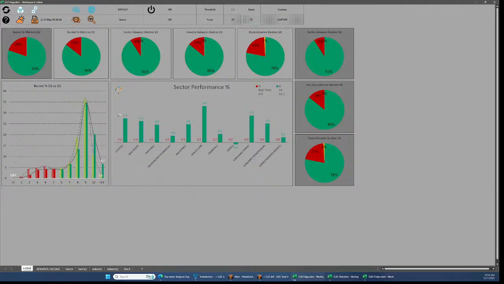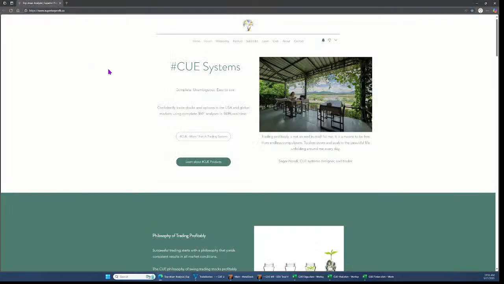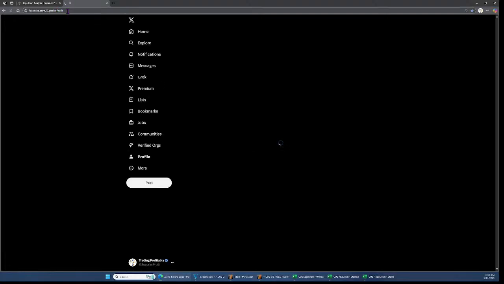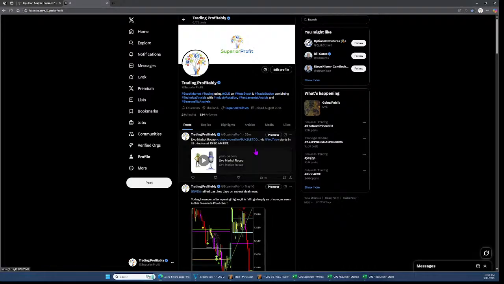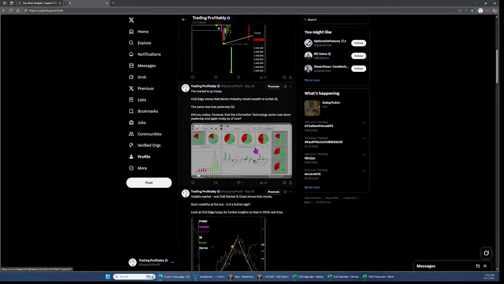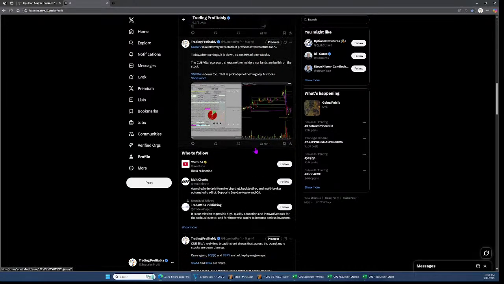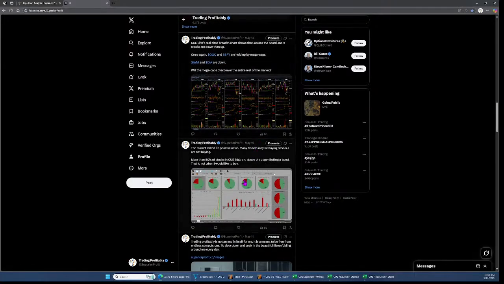How so? A few days earlier, I tweeted. I'll not go to my Twitter page now, but you could go to my Twitter page, scroll down, the Twitter handle is Superior Profit. You would notice I shared a snapshot of Q Edge here.